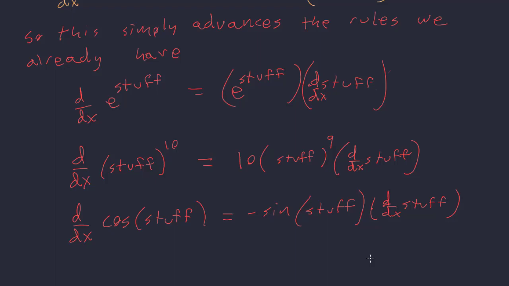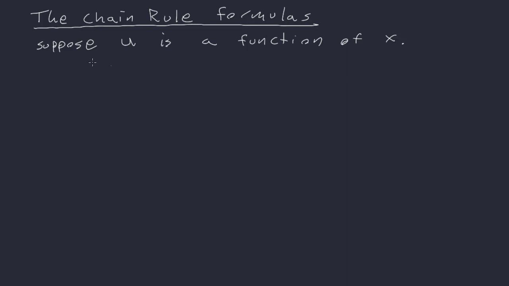Okay, so really all we're doing is taking the rules we already know, but giving them more opportunities to be more complicated. Okay, so let me show how I like to think of these rules, of course, that we already have, but advance with the chain rule. Most books like to use u for the stuff, right? And there's a reason for that we'll get into later. But you can use y or z or whatever. But yeah, the book uses u, so that's what I'll use here.